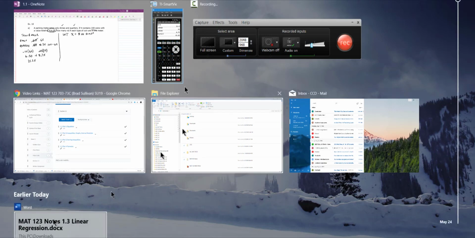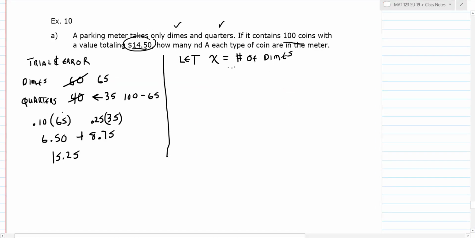Then 100 minus x is going to be the number of quarters. Now think about that. That's what we were doing when we did that over and over again. We have 100 coins. So if you had 10 dimes, you know you have 90 quarters because 100 minus 10 is 90. So you've got to understand that.